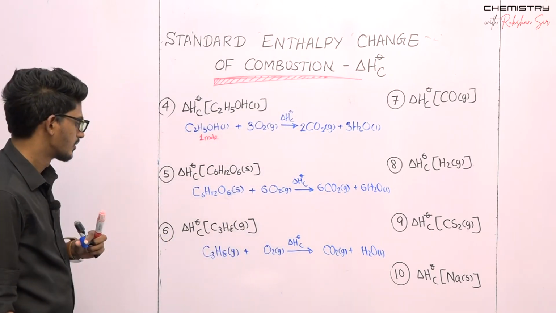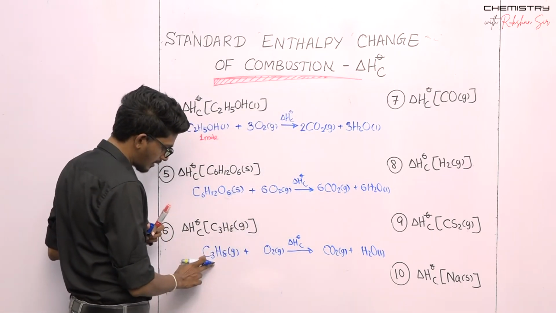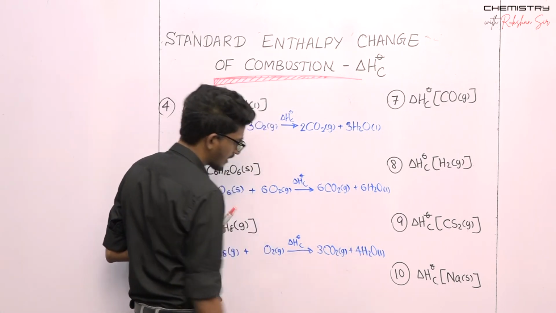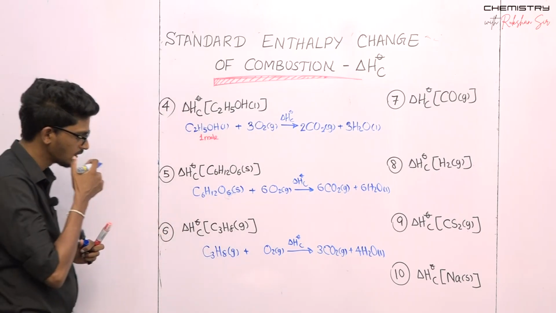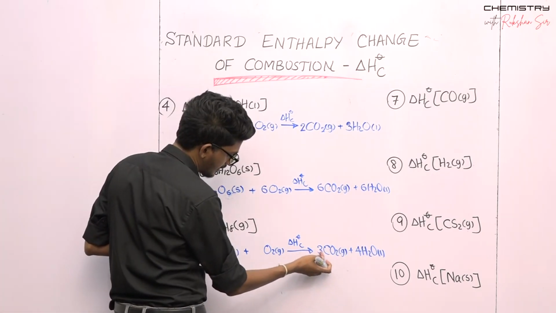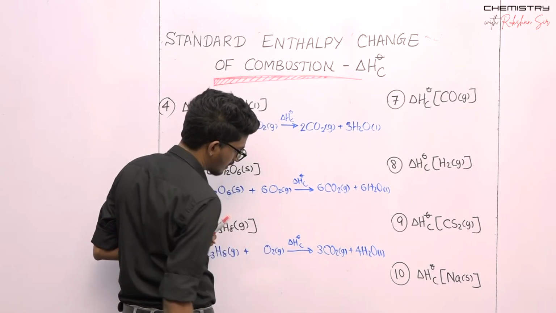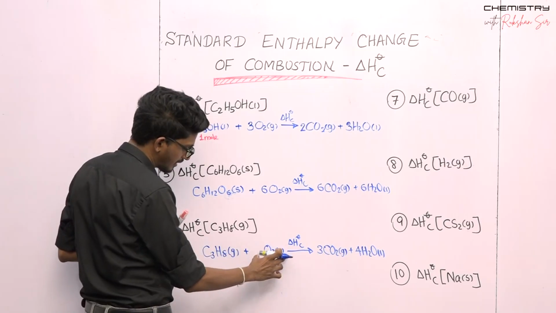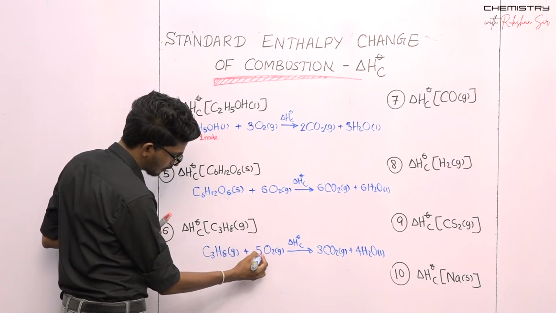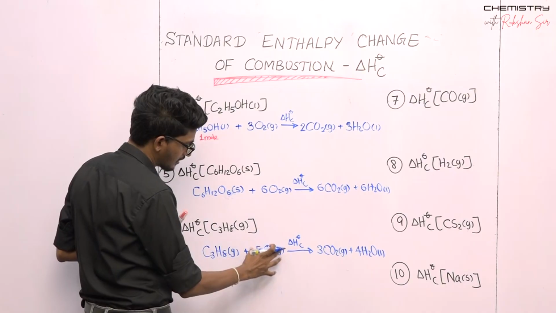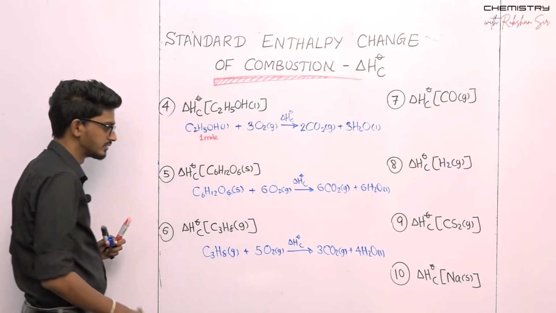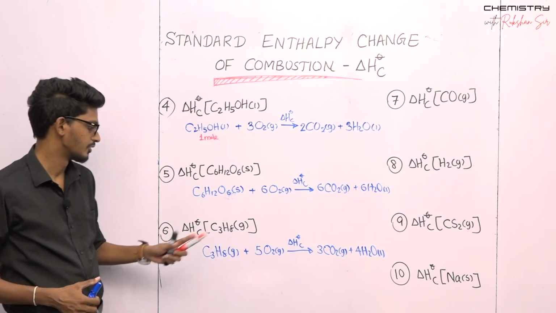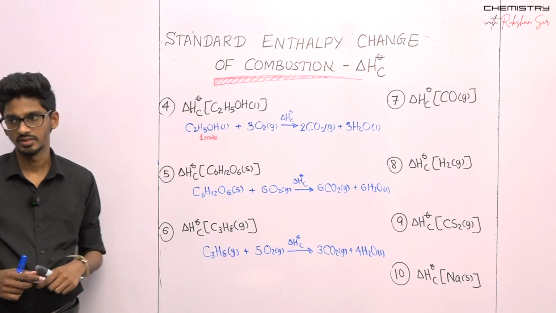So let's balance 3 carbons and 8 hydrogens: that means 3 CO2 here, 4 H2O here to provide 8 hydrogens. Then balancing the oxygens, you have 6 oxygens and 4, which means 10 oxygens. There are no oxygens here, so all 10 should be represented by this term. So you need 5 O2 gas molecules to represent 10 oxygens at the left hand side as well. That is the balanced thermochemical reaction for combustion of C3H8 gas.